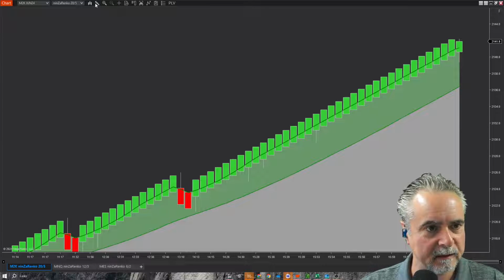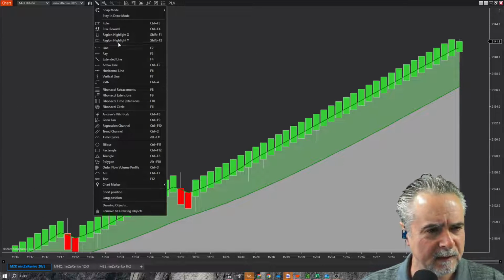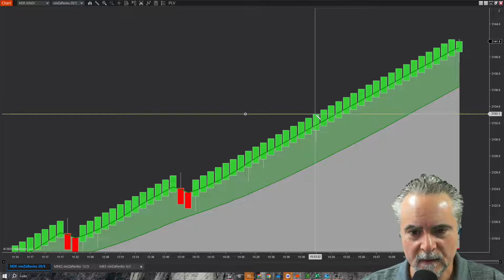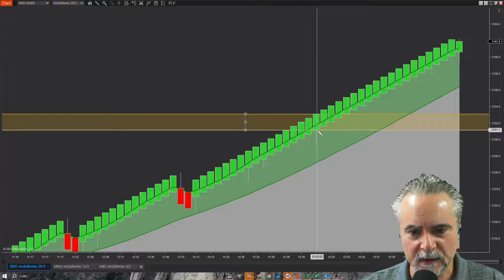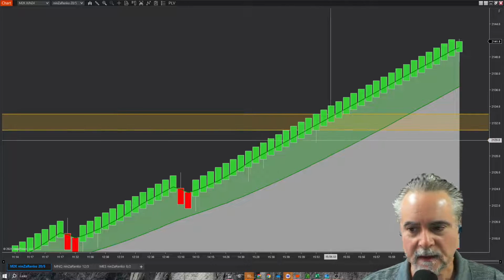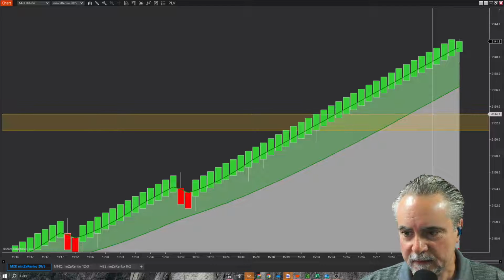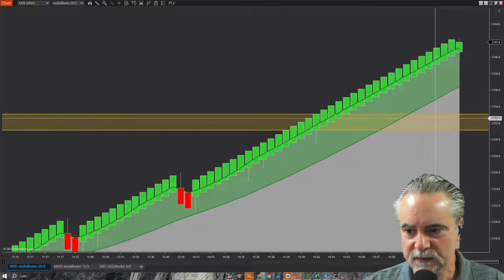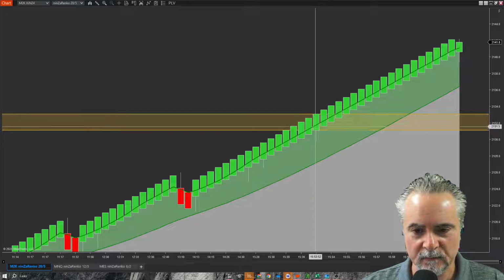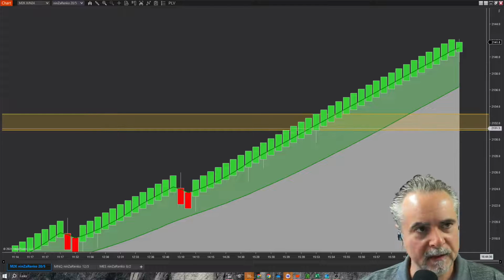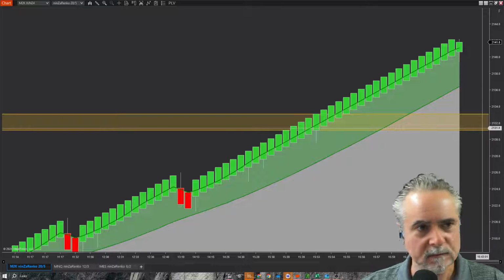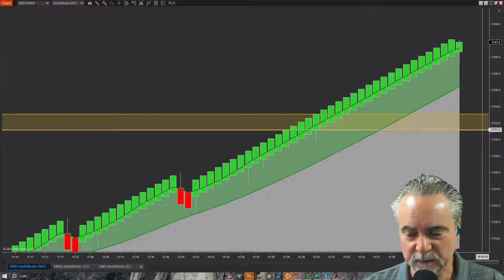I'll start by doing a quick drawing. So we have a region here, so here's the top of a NinZaRenko bar, there's the bottom of a NinZaRenko bar. If you look over here, we're at 2133.1 and 2131.1, so that's 2 points of move, but each point has 10 ticks, so that's the equivalent of 20 ticks of move.